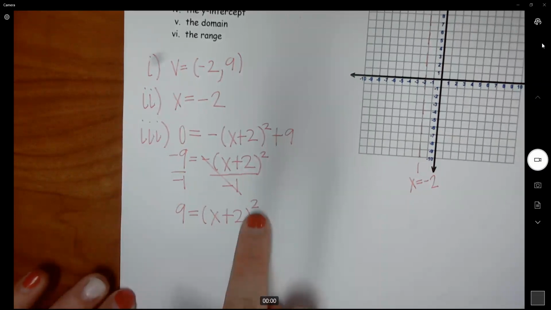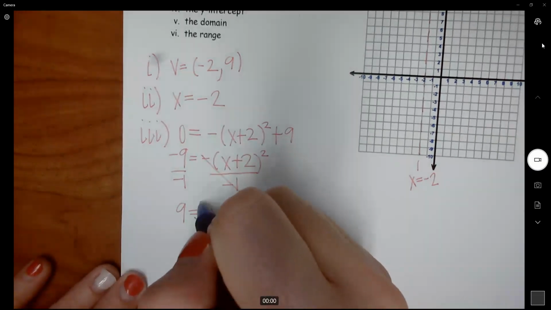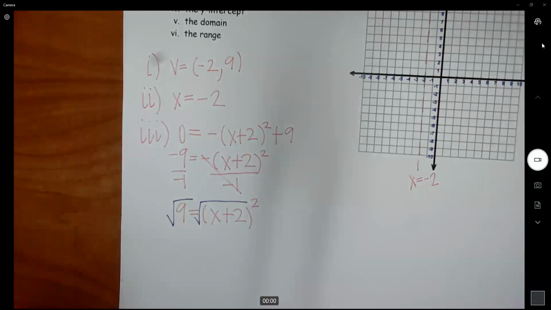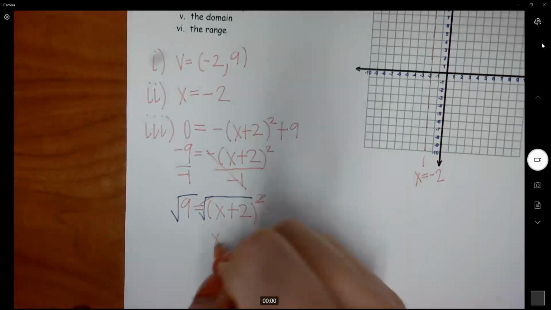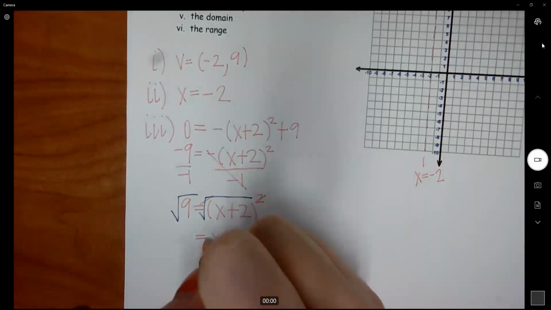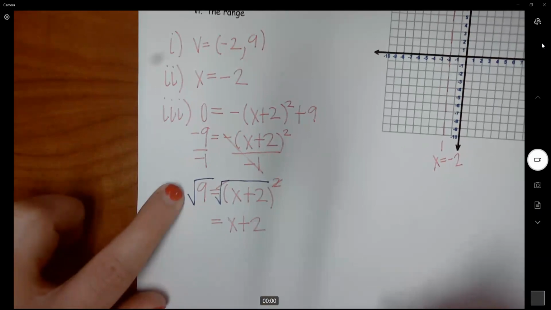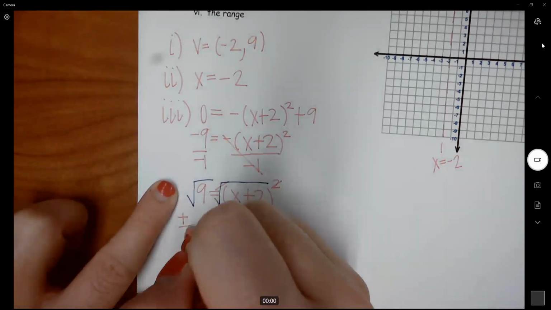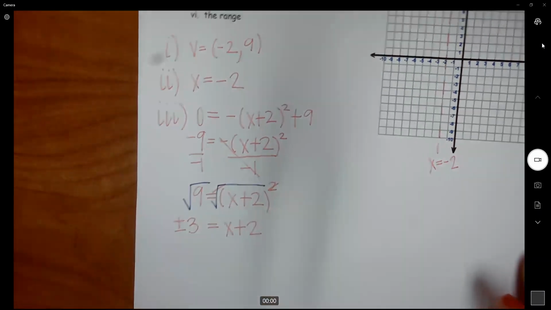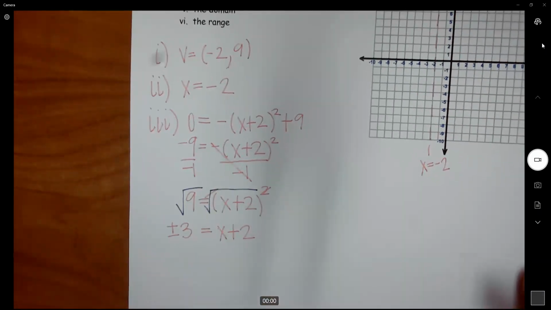So the opposite of squaring is to take the square root. My square root and square cancel, and I am left with x plus 2. Be careful over here. The square root of 9 is plus or minus 3, not just 3. If you only put 3, you're going to lose one of your solutions.